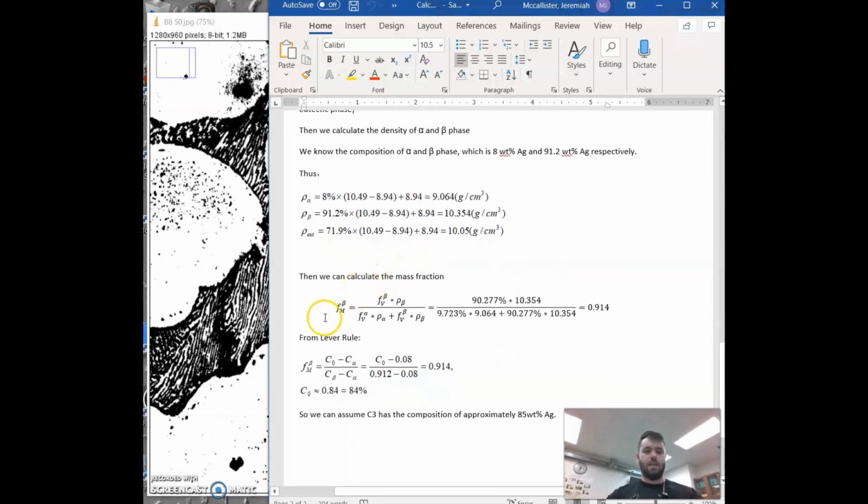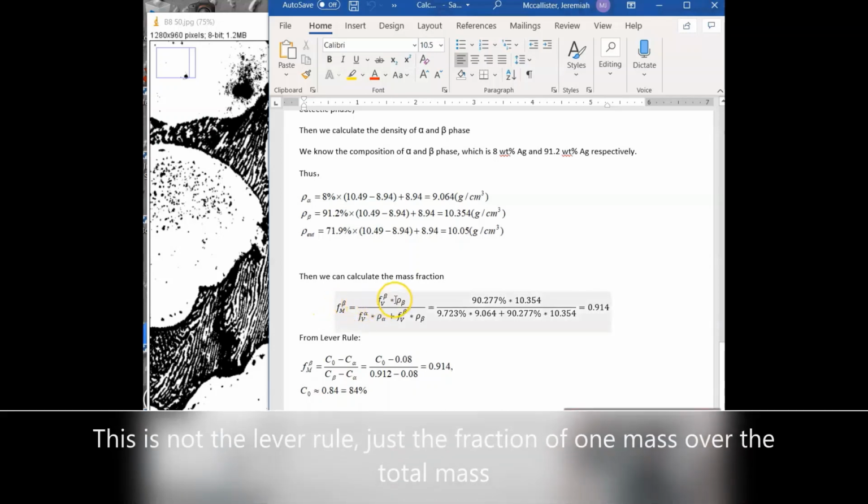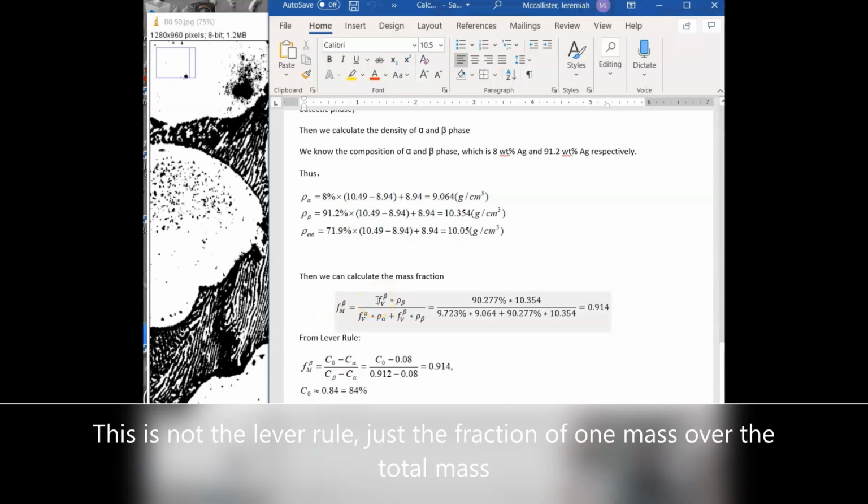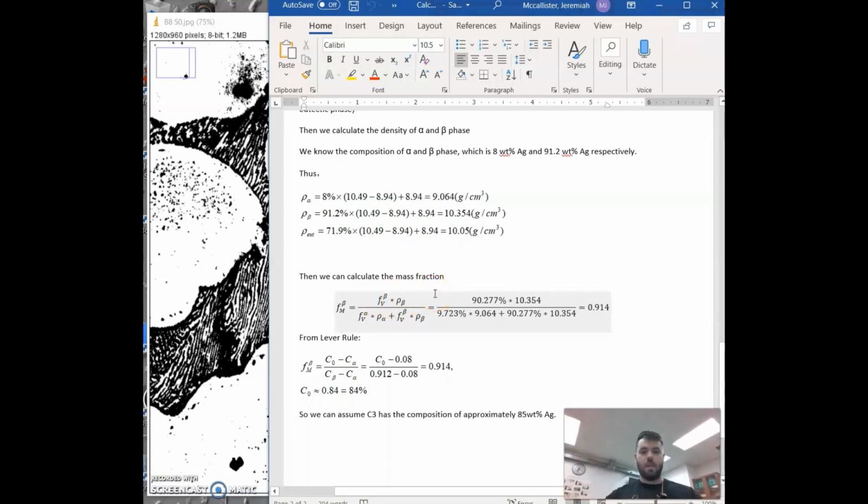Then to calculate the mass of our materials, we need to do the lever rule. If we're looking for the fraction of beta in our image, which is the majority, we can say that our fraction of beta times our density of beta should give us our mass of beta. And then all that is divided by the fraction of alpha times the density of alpha plus the fraction of beta times the density of beta.